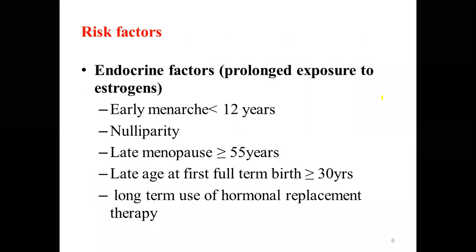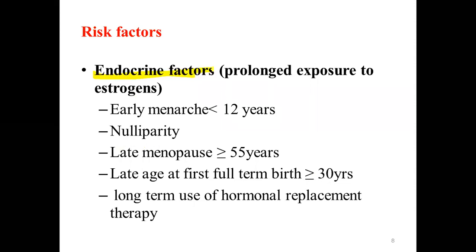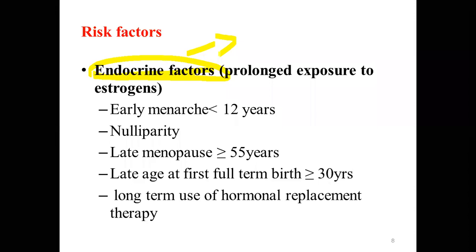Then, the other factors that can increase the chances of breast cancer are usually prolonged exposure to the estrogen hormone. Any factor that increases prolonged exposure to estrogen, we call endocrine factors, can increase the chances of breast cancer. For example, early menarche, less than 12 years.